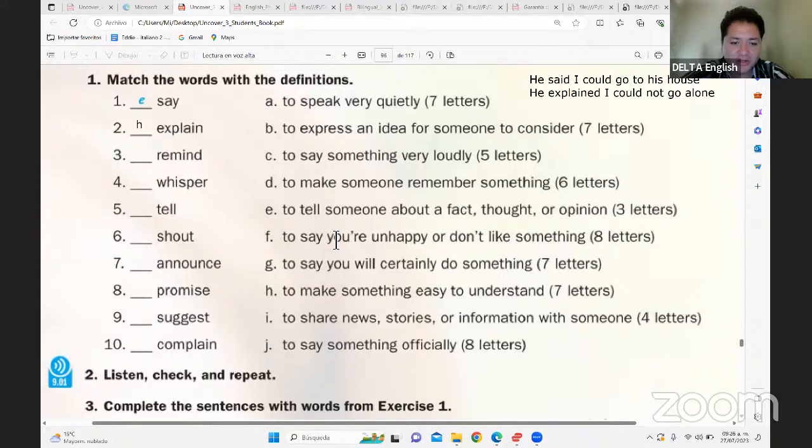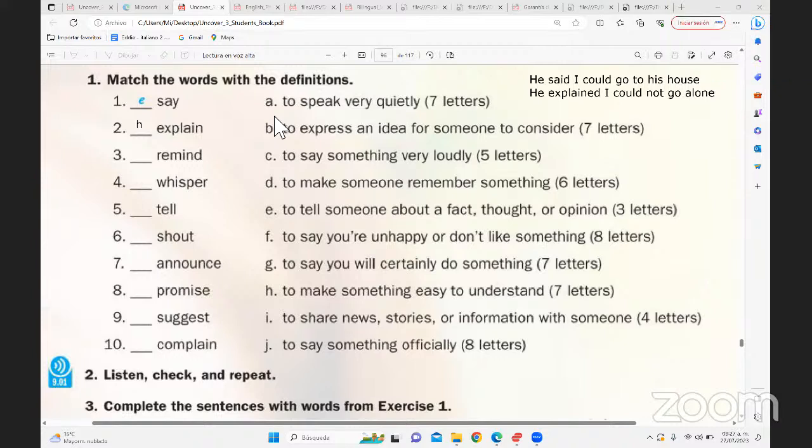How about remind? What do you think is remind? It is similar to remember, but the other way around. What do you think is remind? The letter D. Very well.